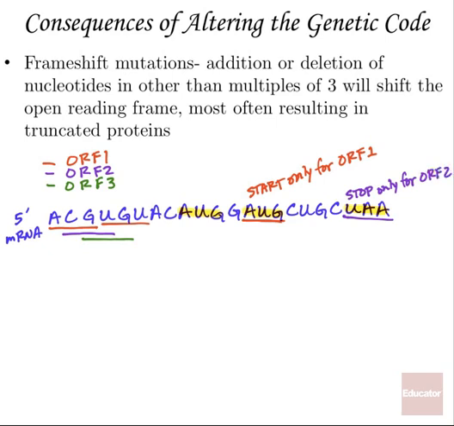And if we look over here, open reading frame 3, okay, this is 3, 3, 3. This is a start codon only for open reading frame 3. Oh, sorry. This should be in green.